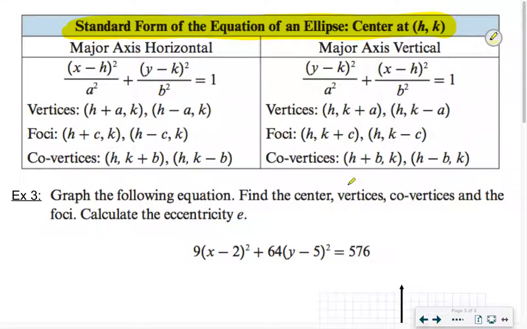And unfortunately, when we start moving this ellipse around throughout the coordinate plane, it's obviously going to mess with our vertices, co-vertices, and foci. So that's why they look a little bit different.